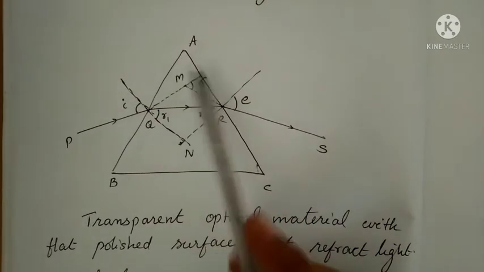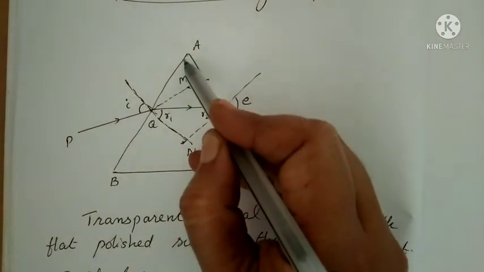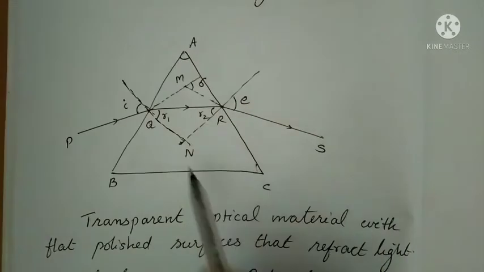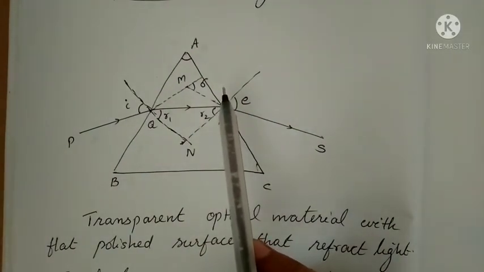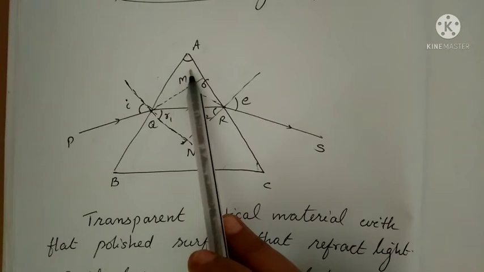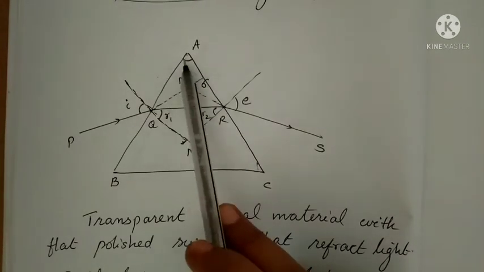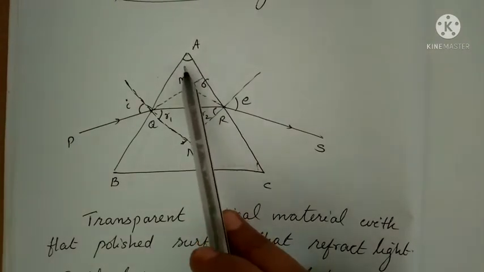Then here this angle A is the angle of prism. So the angle of prism means the angle included between the two refracting faces.